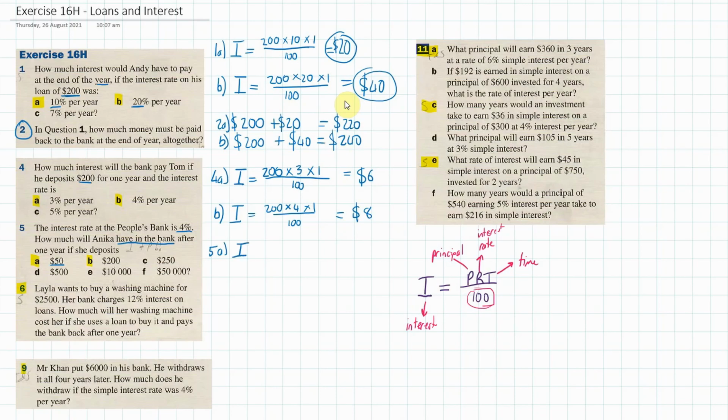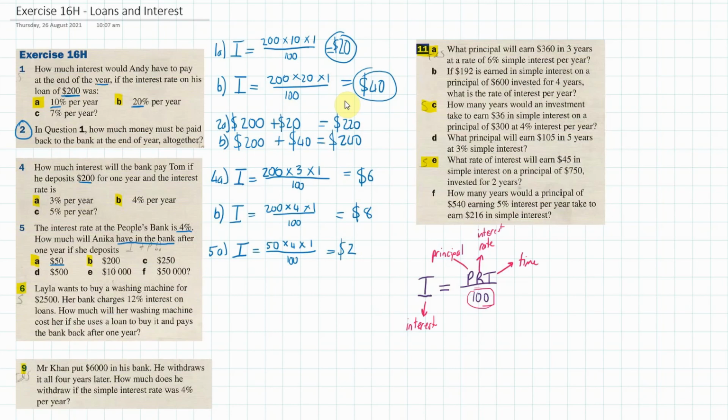I. Now, her principal in this case is $50, and the interest rate is 4%, and it's 1 year. Okay, so we're going to pop that over 100, and we find that the interest she earns is $2, I think. Yeah, I'm pretty sure it's $2.